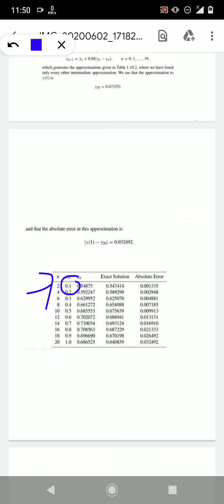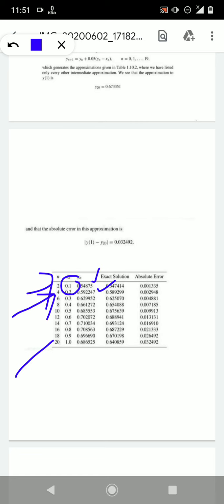At x equal to 0.1 we get the function value as 0.54875, and at x equal to 0.2 we get the approximation as 0.592247, and so on.